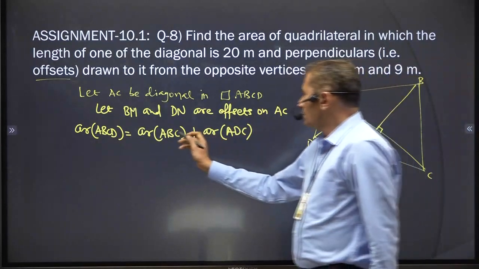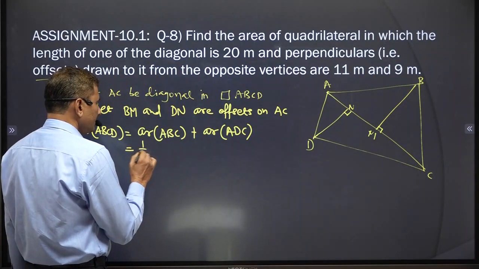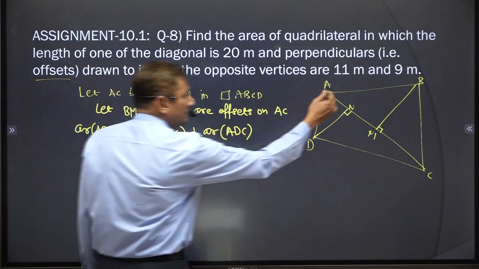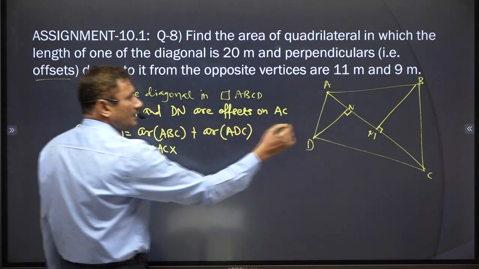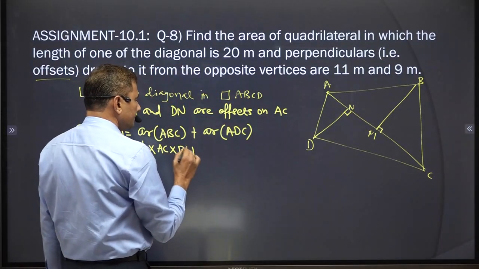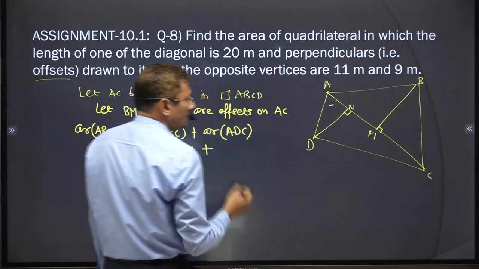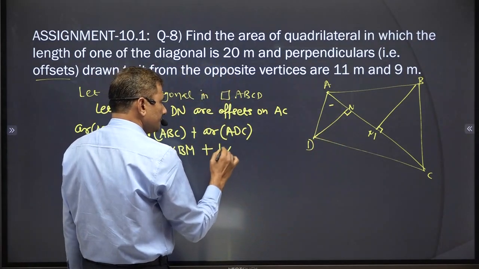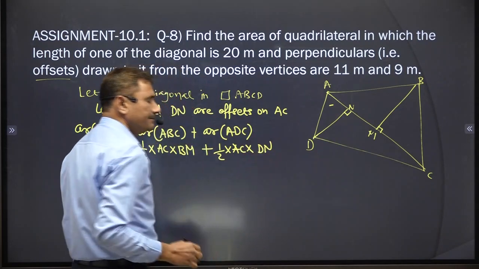Now you can see in triangle ABC the base is AC and the altitude is BM. In the same way, in this triangle, half, the base is again AC but the altitude is DN.